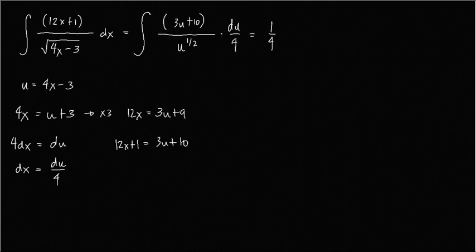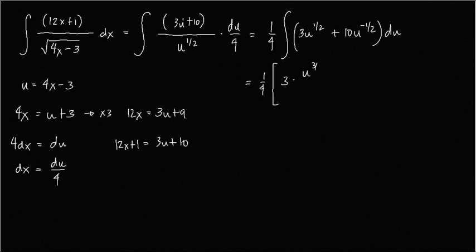Factoring out 1/4. And this should be the integral of 3u divided by u raised to 1 half, which is simply 3u raised to 1 half, because 1 minus 1 half is 1 half. Then plus 10 divided by u raised to 1 half is 10u raised to negative 1 half du. Then apply the power formula. So we have 1/4 times 3 times the quantity u raised to 3 halves over 3 halves plus 10 times the quantity u raised to negative 1 half plus 1, which is 1 half, divided by 1 half, plus c.